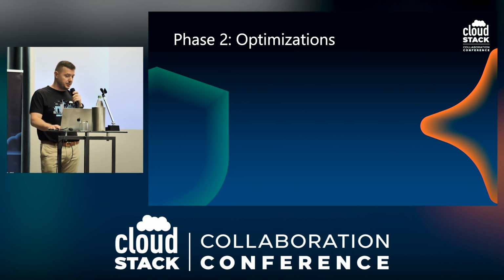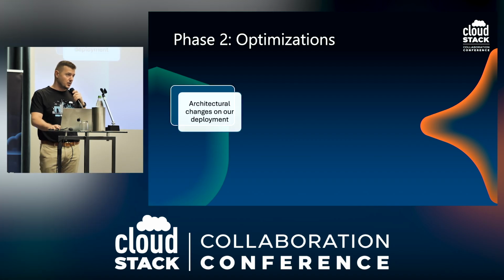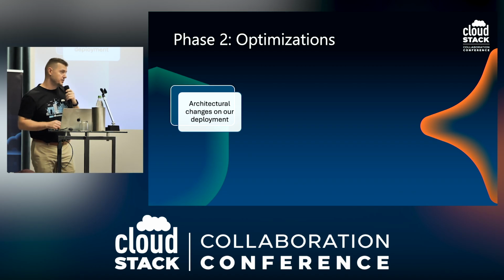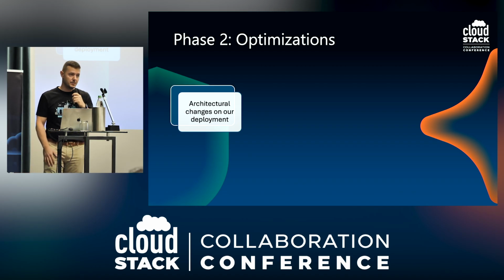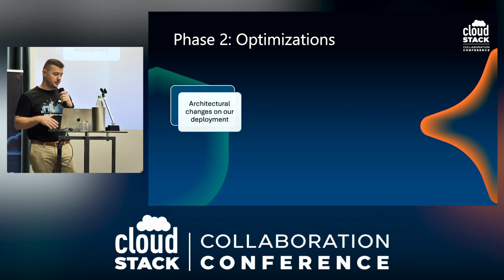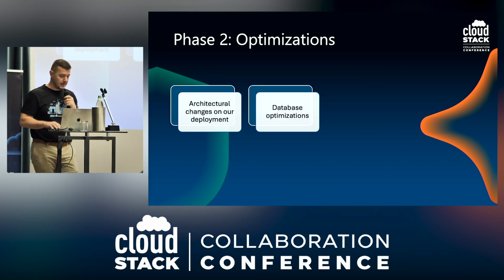Moving on to phase two, let's talk about the challenges. You are now running a fairly large environment, in the thousands of hosts. So you do need to make some architectural changes to the way you set up your CloudStack.